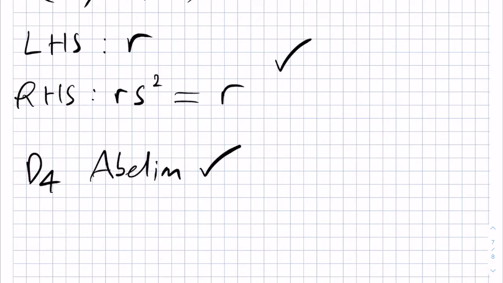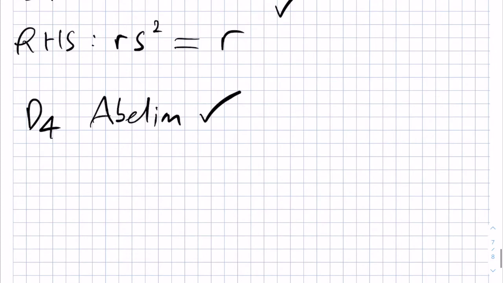Next, we want to show that D8 is not an abelian group, i.e. it's non-abelian. If this is indeed true, then it might be easier to prove since we only need to find two elements that don't commute with each other in order to break the fact that it would be abelian.